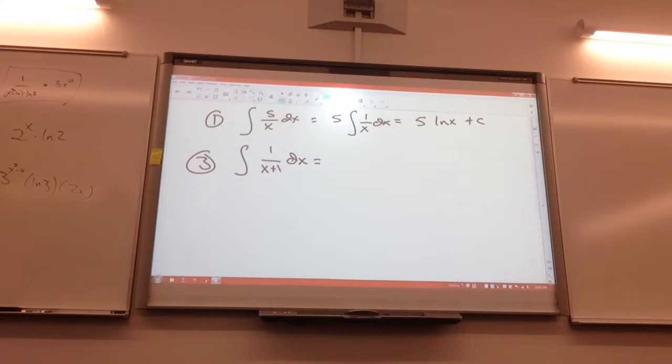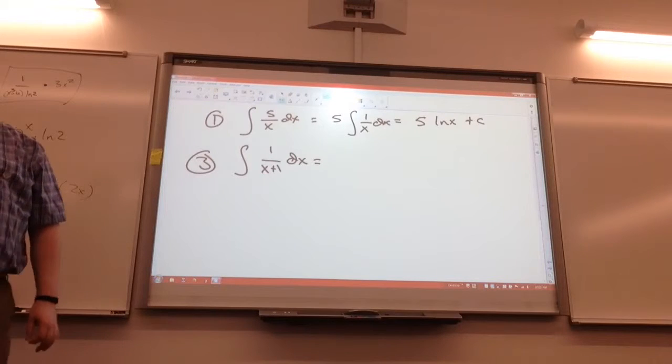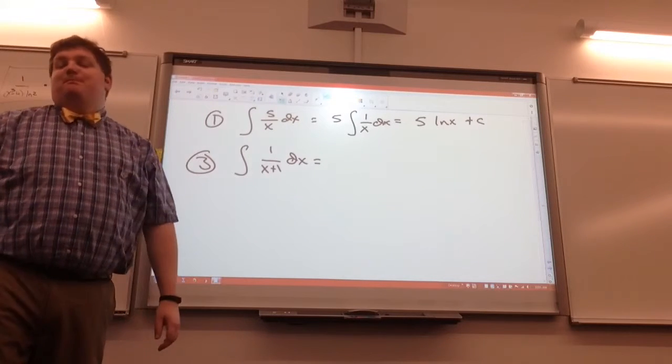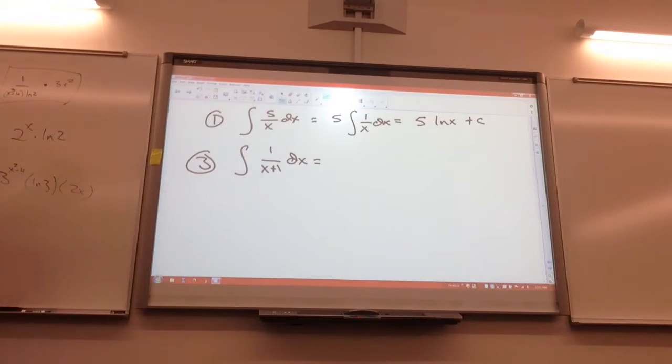Your guess is it should be the natural log of x plus 1, plus C. And you're actually going to be right. But why it comes out that way takes a second or two more.